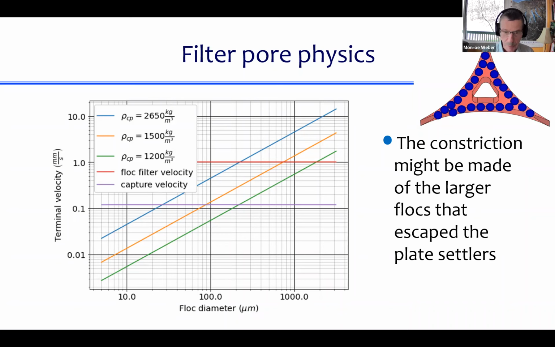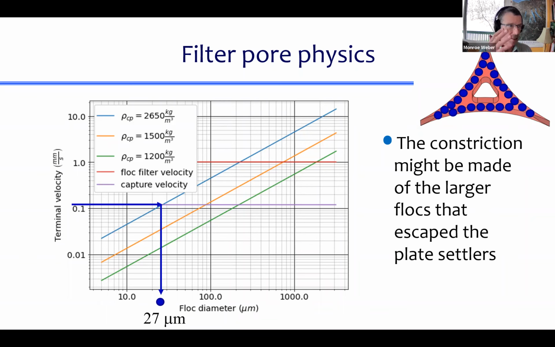And the purple line is the capture velocity in our plate settlers. And so if we take 0.12 millimeters per second as our capture velocity, we get a flock that's about 27 micrometers. And that would be the largest flock that would tend to escape the plate settlers. Okay, so that's the biggest flock that we would expect to see getting into our filter.